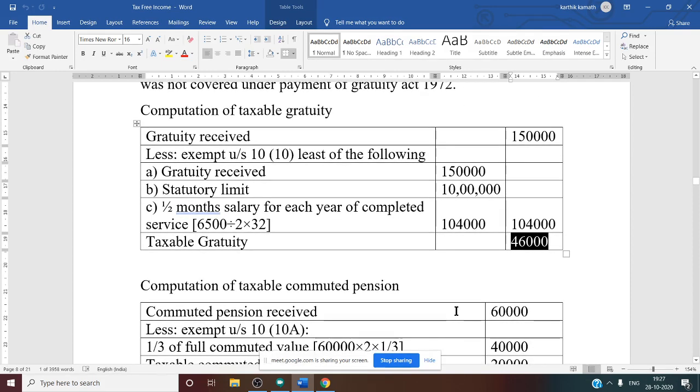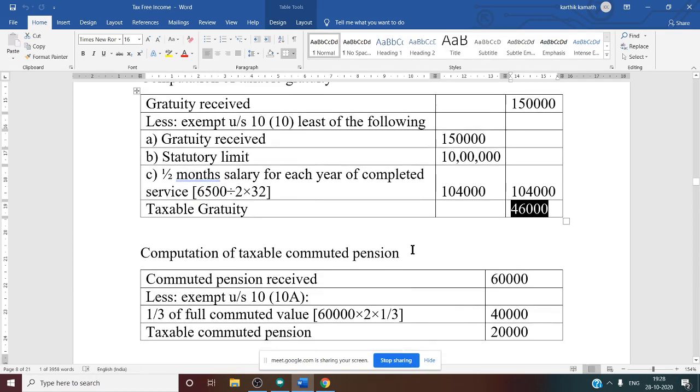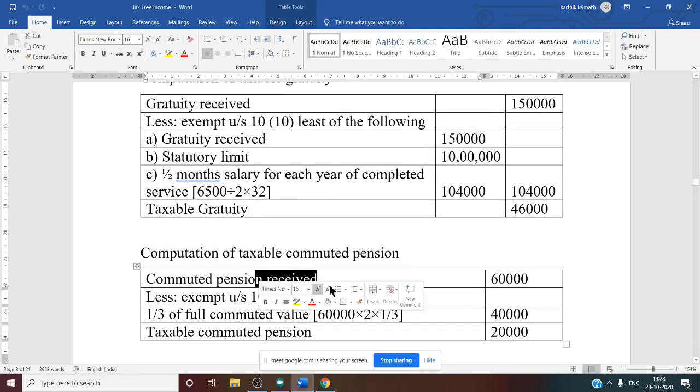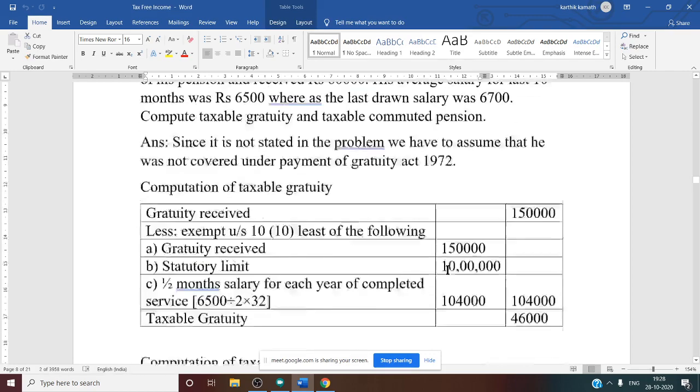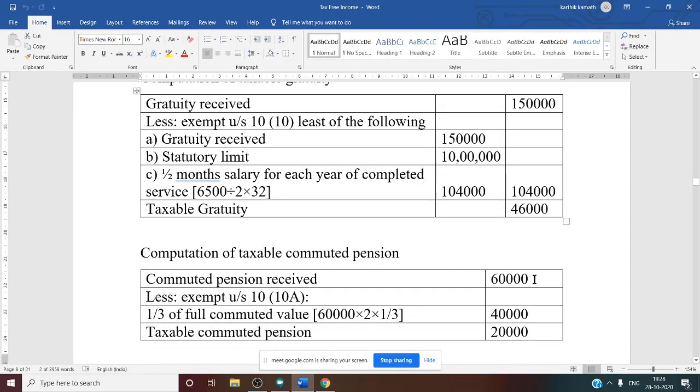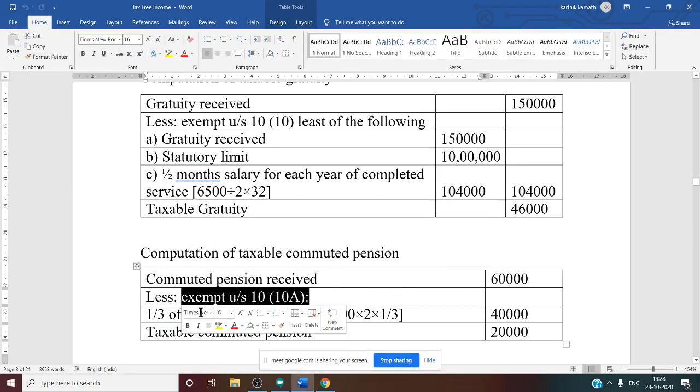After that we need to do the computation of taxable commuted pension. How to do it? You need the format, particulars and amount column. Under particulars you write commuted pension received, given in the problem as 60,000. So the same thing you write in the outer column, 60,000, less exempt under section 10(10A).